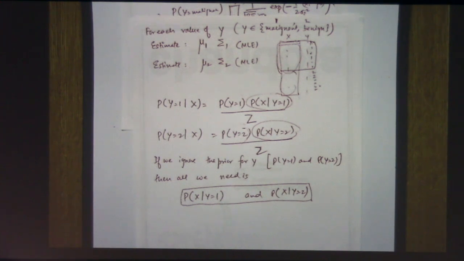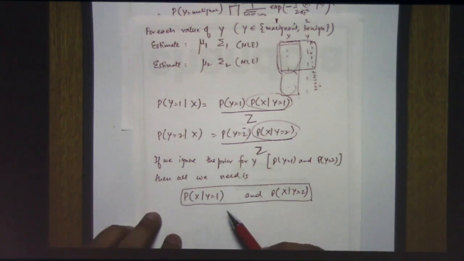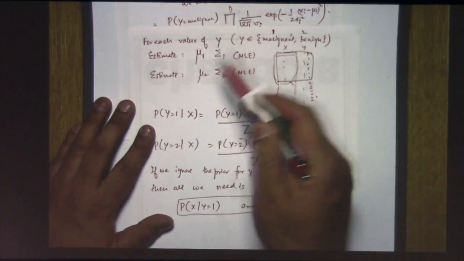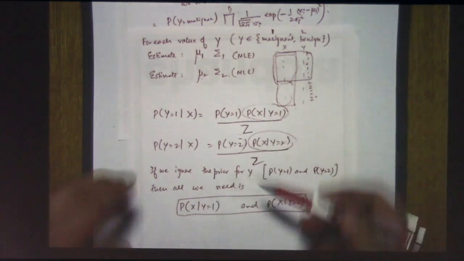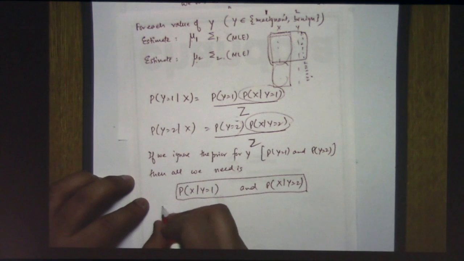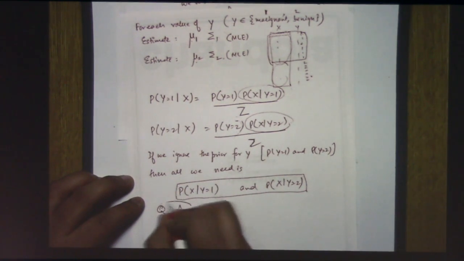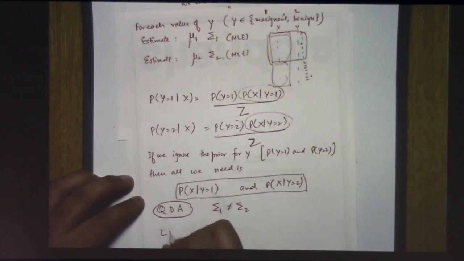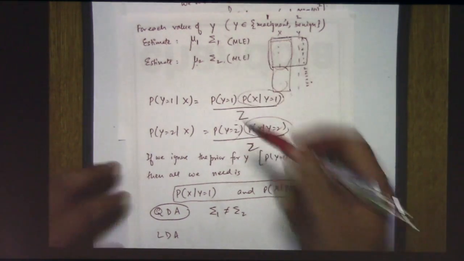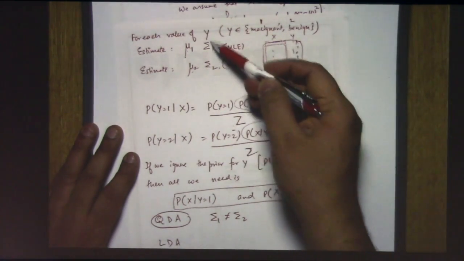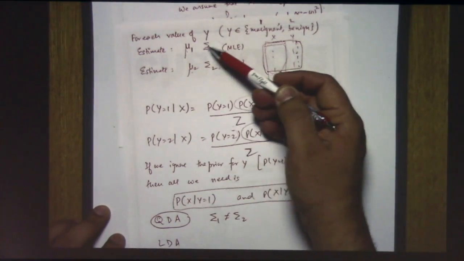Then we talked about two different versions of discriminant analysis. In one, we compute mu1 and sigma 1, mu2 and sigma 2, and use them to compute these values. That is called quadratic discriminant analysis, which means sigma 1 is not equal to sigma 2. In another one, we force both of these sigmas to be the same, which means you pool all the data up and compute the pooled MLE.